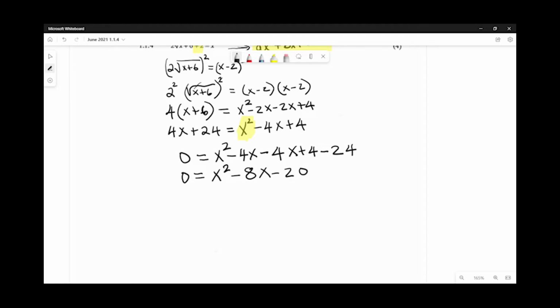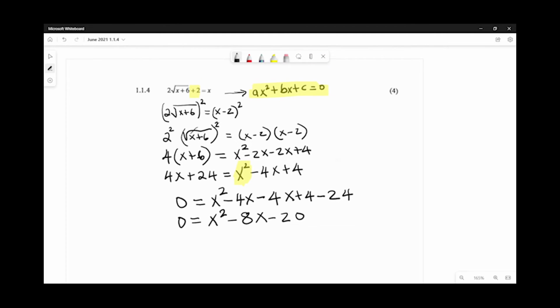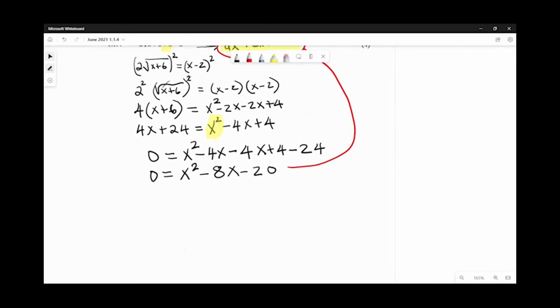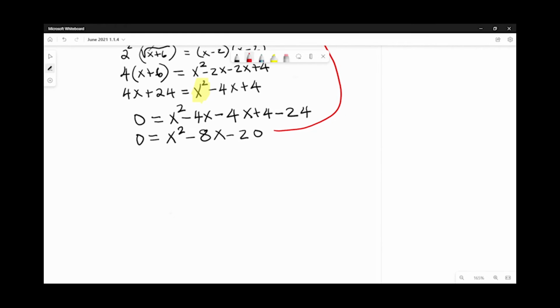And from here, you see that we've achieved our goal. We wanted to change this to that because we know how to solve this. You've solved this. Question 1.1.1 usually looks like this, right? And from here, you'll just factorize. 0 equals 2 brackets, x here, x there. Look at the factors of 20 that will have a difference of 8.